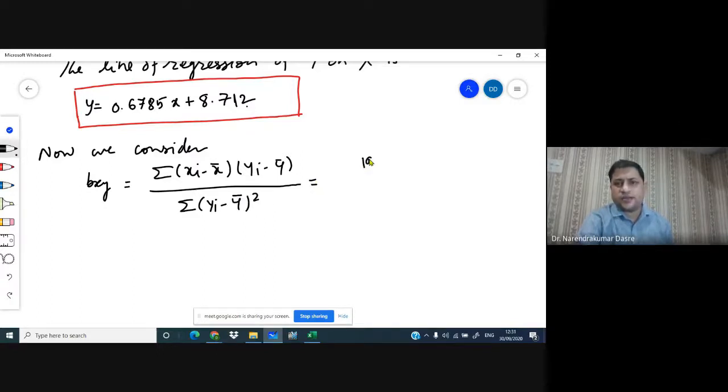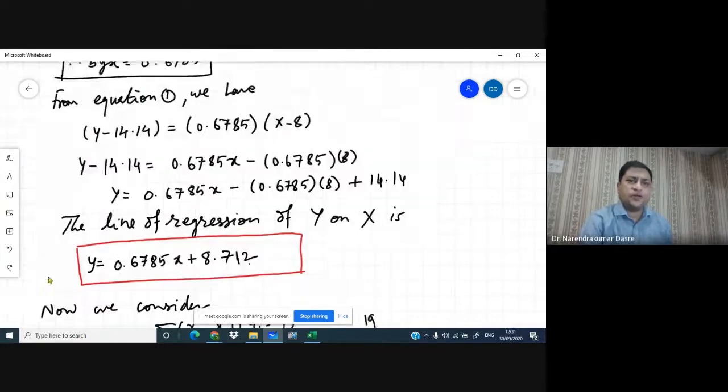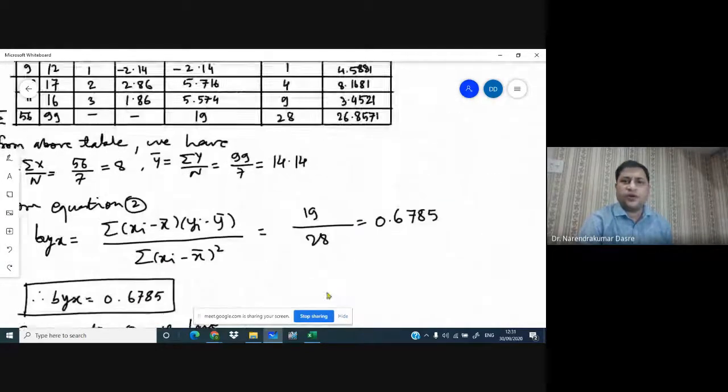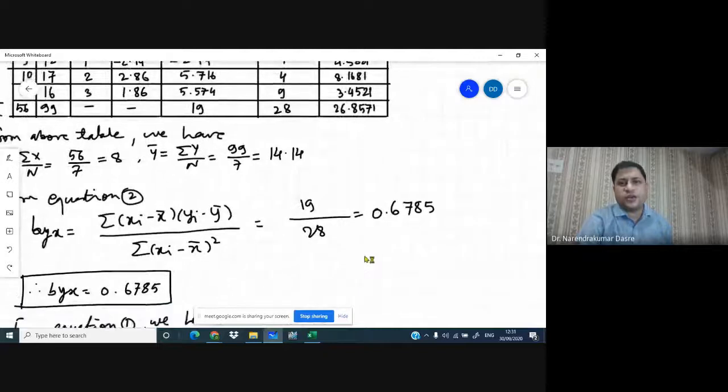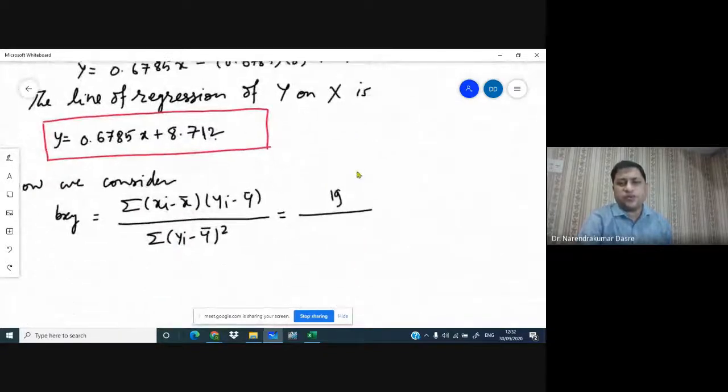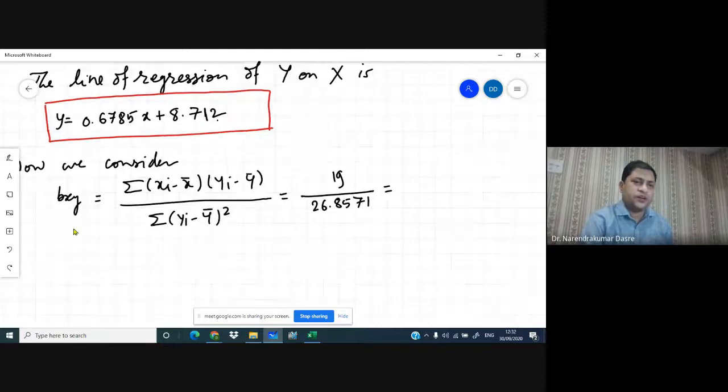This we know is going to be 19, and this value we have calculated: 26.8571. So give me this value.